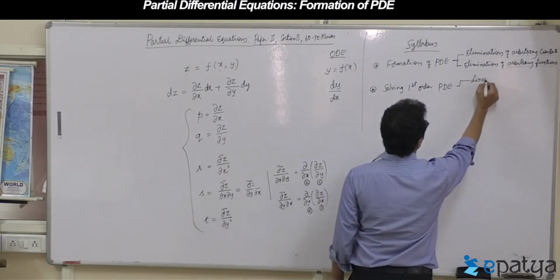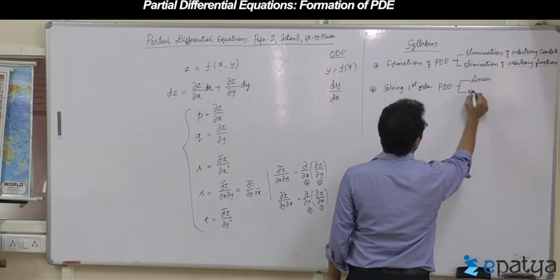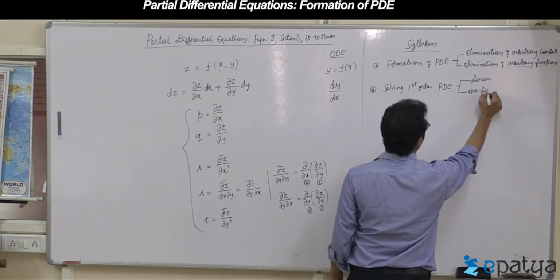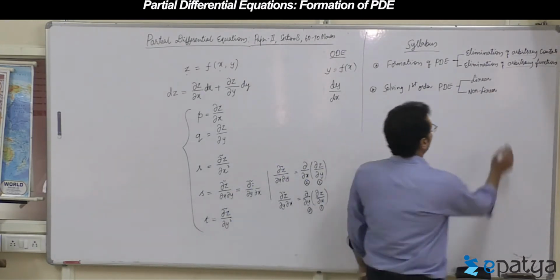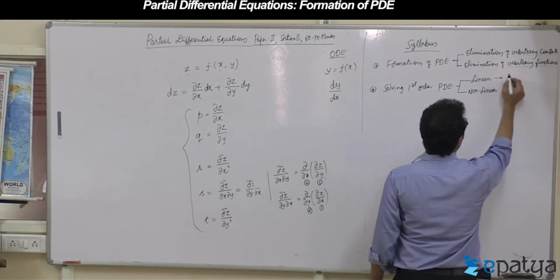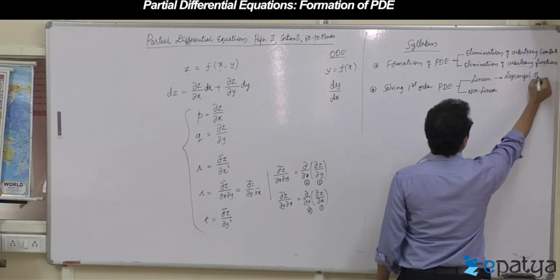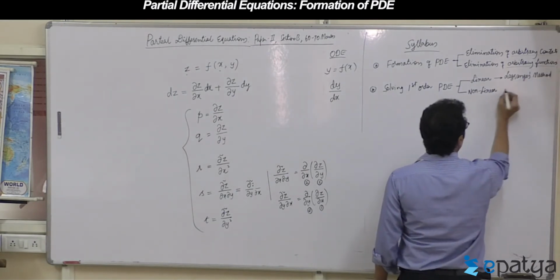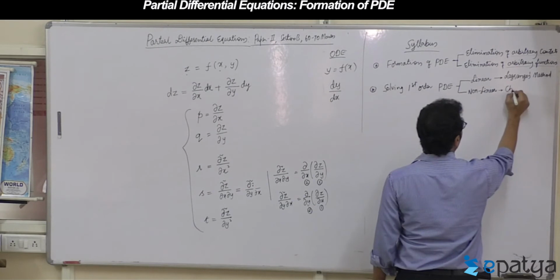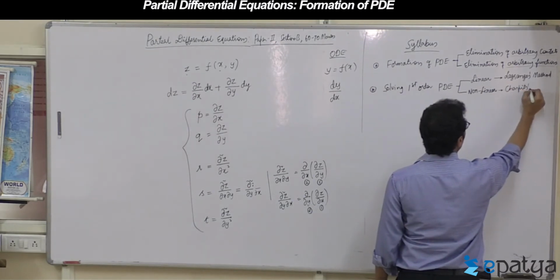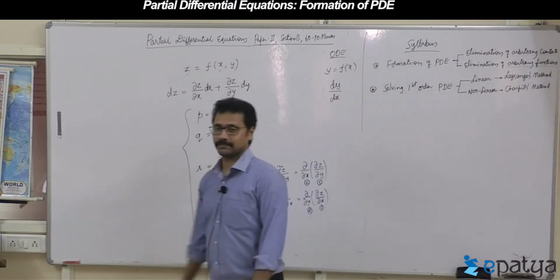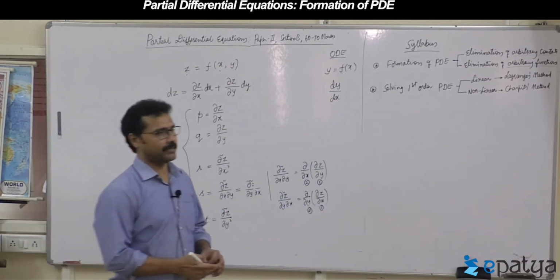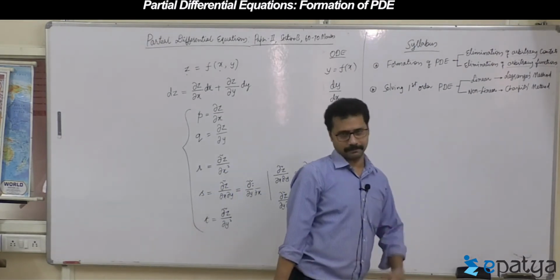Linear partial differential equations, non-linear partial differential equations. Linear partial equations are generally solved by using Lagrange's method. Non-linear is generally solved by using Charpit's method. In fact, Charpit's method also solves the linear variety. Charpit's method is a general method wherein it can solve non-linear as well as linear, both of them.